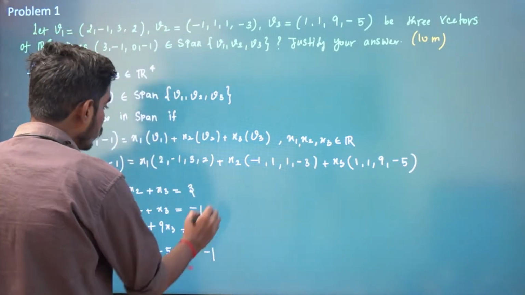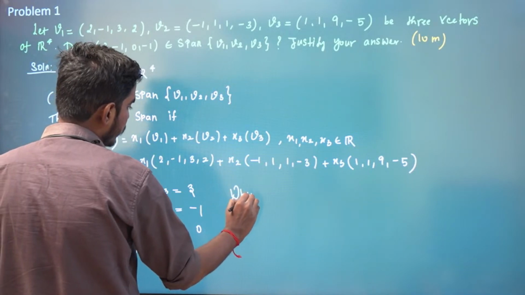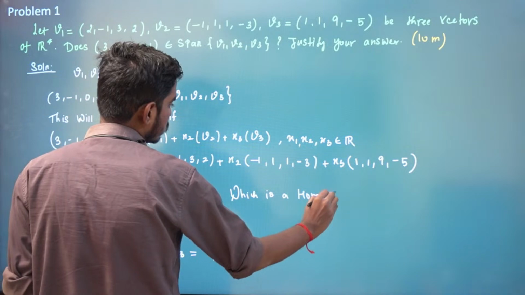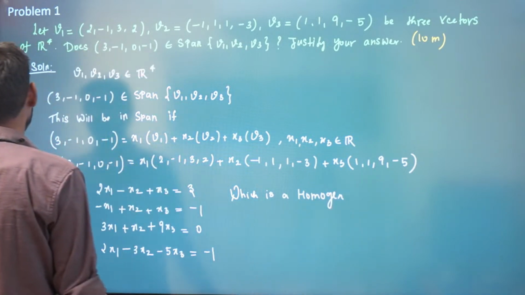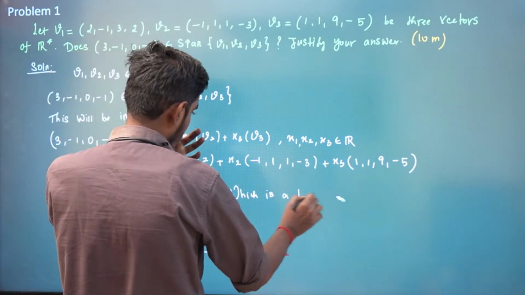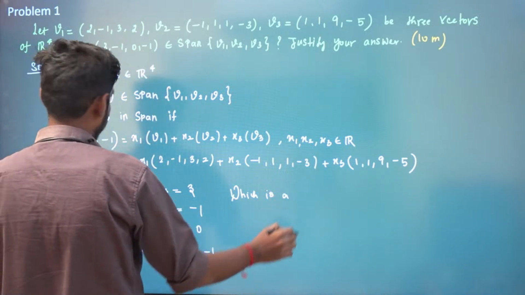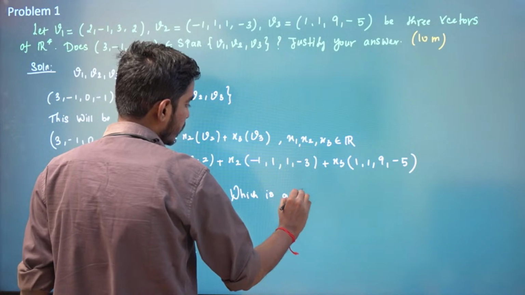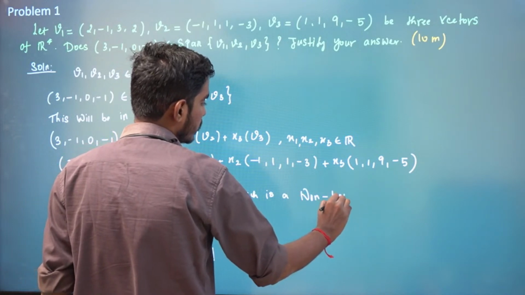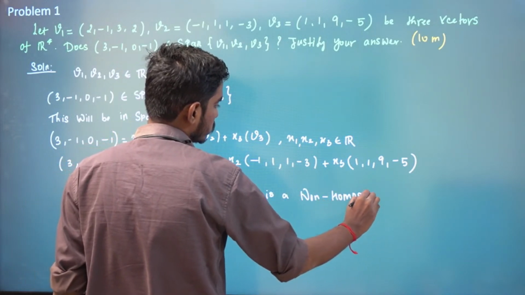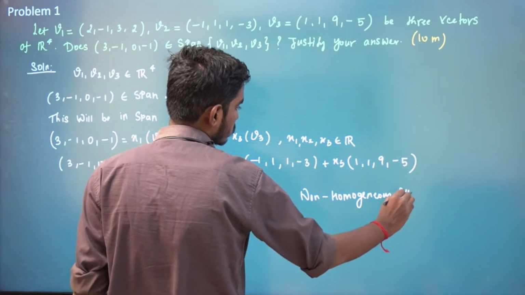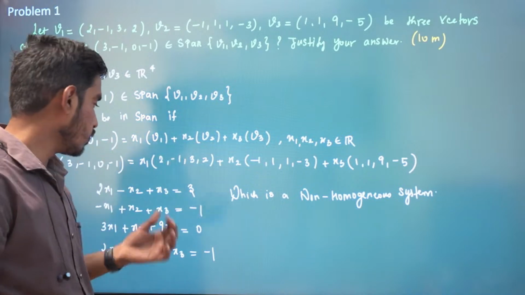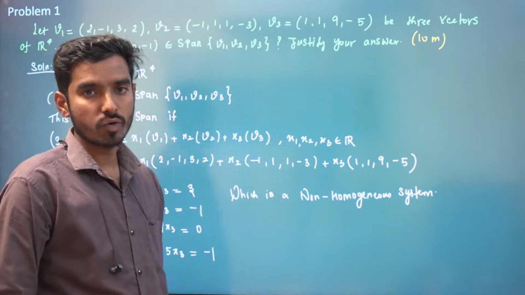Is this a homogeneous system? Sorry, this is a non-homogeneous system, because the output vector is a non-zero vector. So we will solve this non-homogeneous system to find the solution for x1, x2, x3.